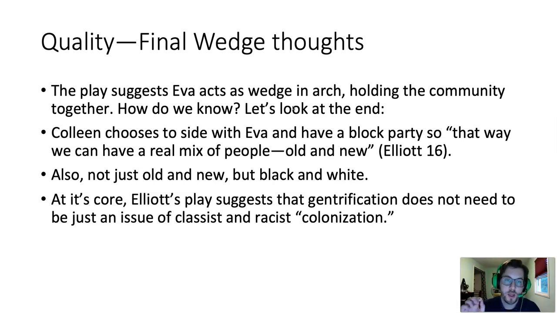Eva's symbol is a wedge in an arch, holding together the community. So in many ways, this play's theme and discussions of gentrification paint the concept in a positive light, one that could create a new community that is diverse and equitable. What do you think of Elliott's suggestion that there is a potential for a positive form of gentrification?